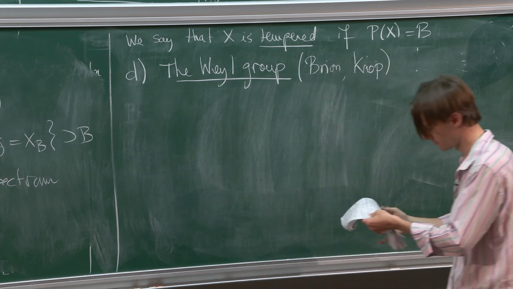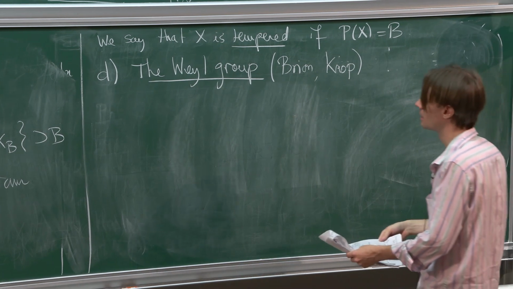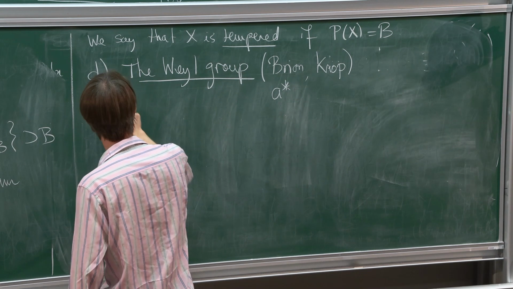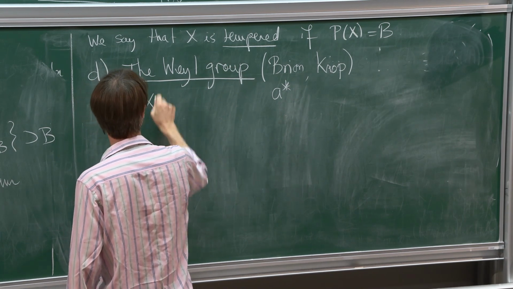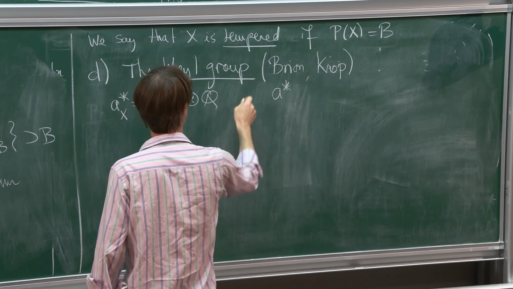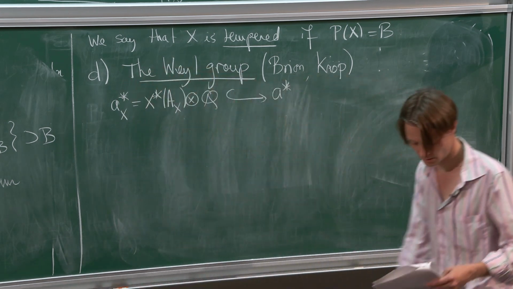So one notation. We have this A star I defined before, and we can define the same for AX. And since AX is a quotient of A, AX star embeds naturally in A star.